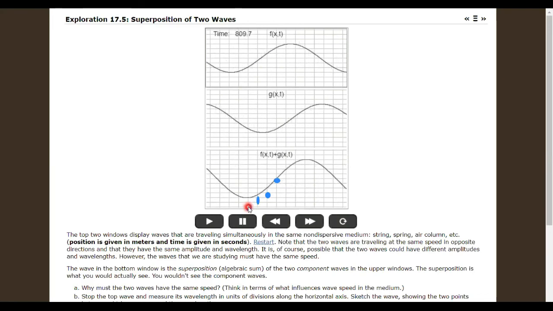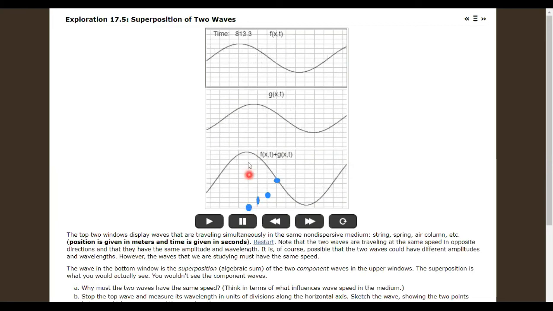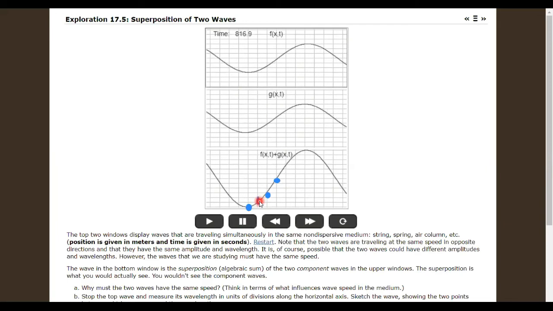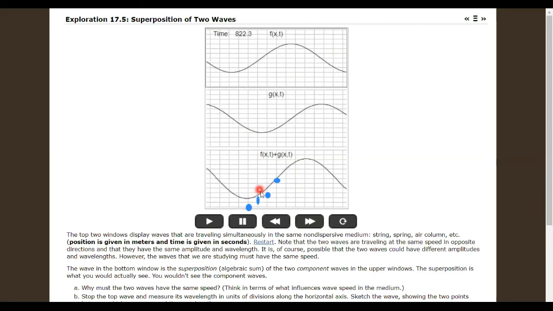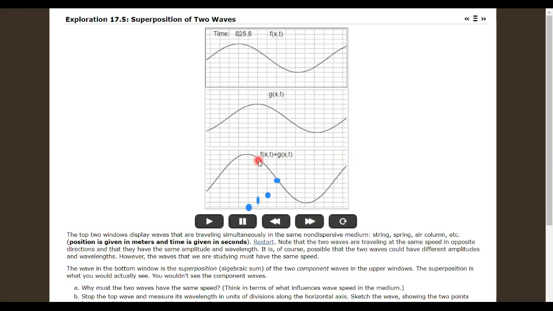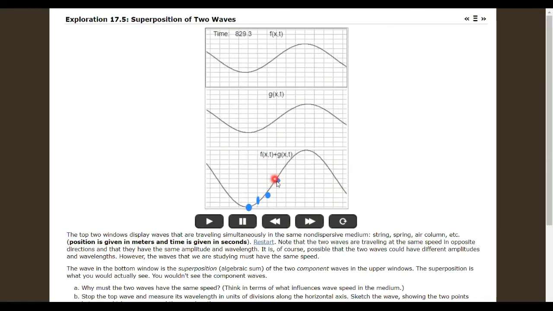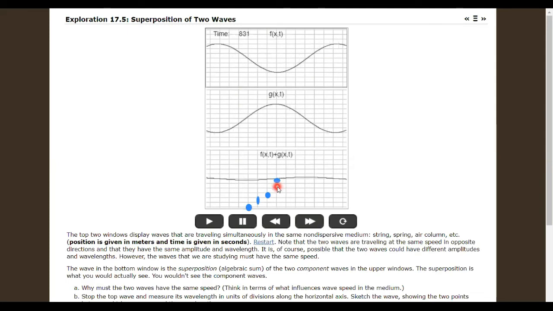Then it covers a certain distance in the downward direction. Now look at this particle. This particle of the rope covers a certain distance in the upward direction, then after reaching the maximum point, it comes back again in the downward direction, and it is oscillating like this. This particle is oscillating like this, and this particle is not moving at all.